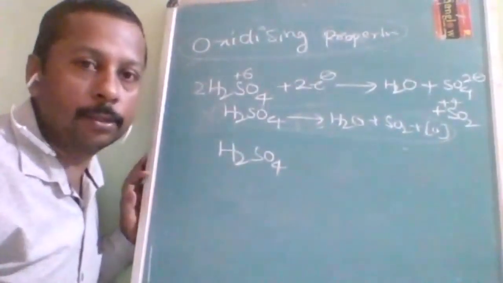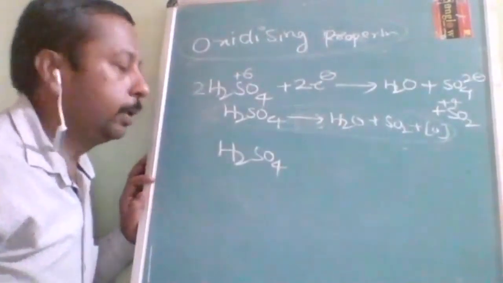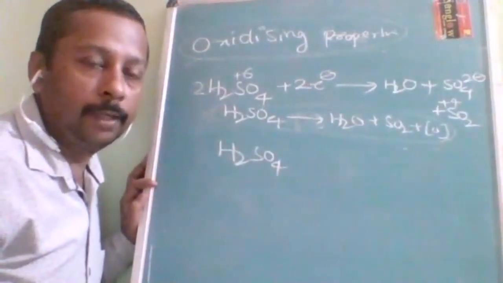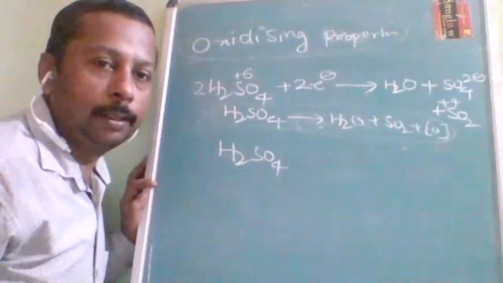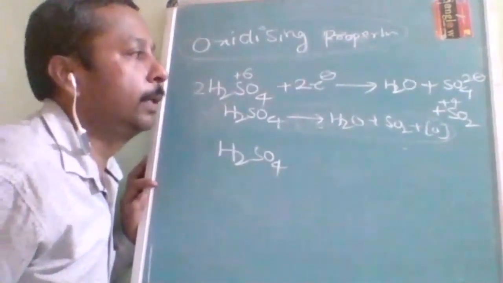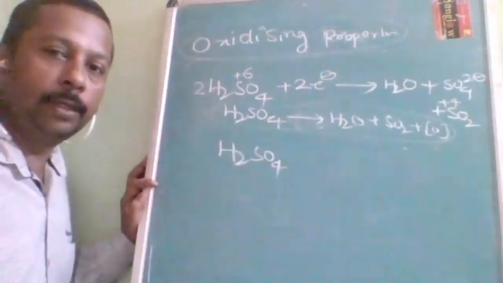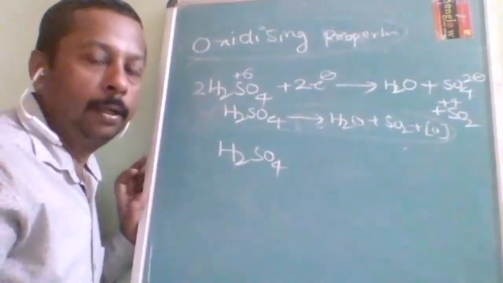First, it is a dibasic acid, the acidic property we have studied, volatile and less volatile. Second, oxidizing properties we have studied in terms of nascent oxygen and in terms of the electronic equation. You can use both ways as per your convenience.